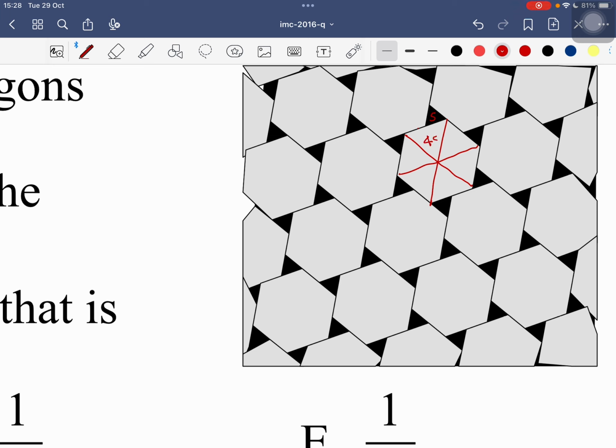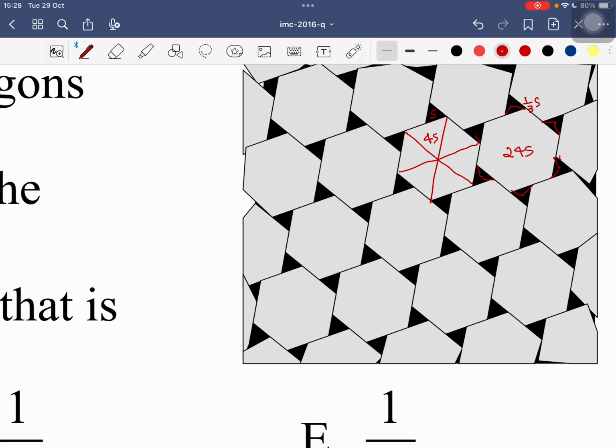So this is 4S. So one hexagon is 24S, and this has the 1/3 of S, 6 over 1/3 of S. So this is just a simple calculation.